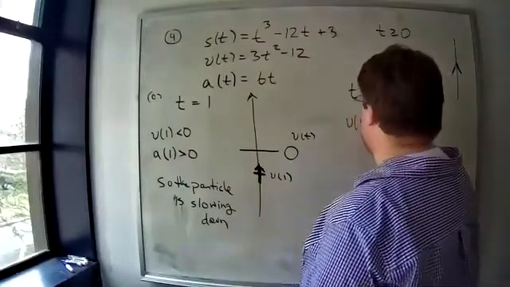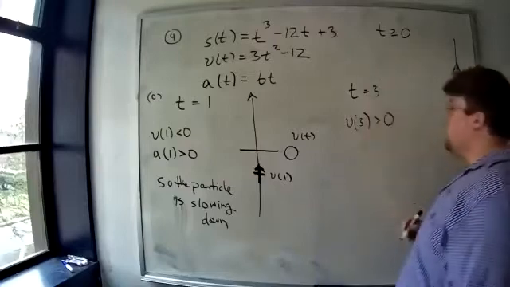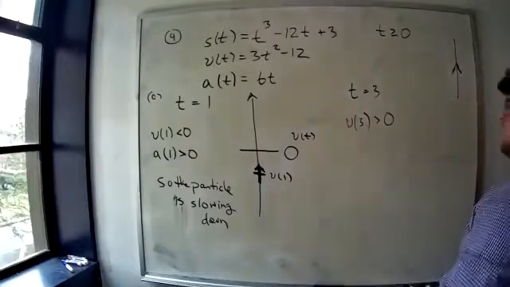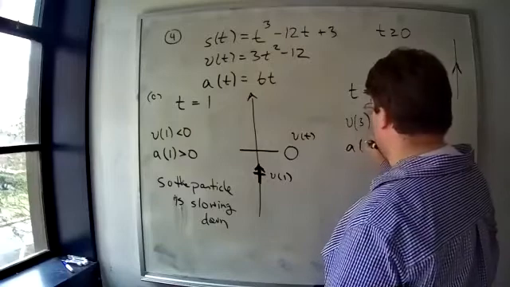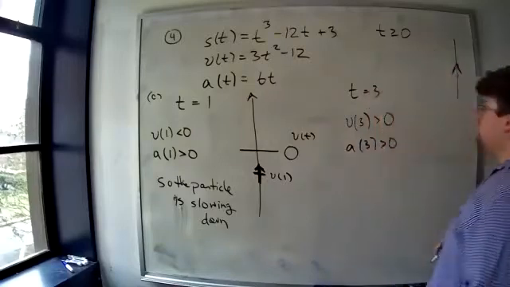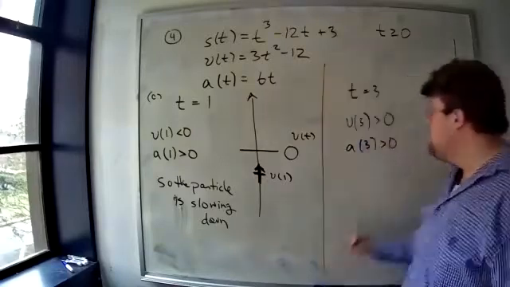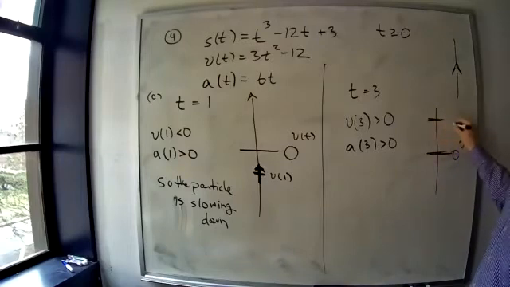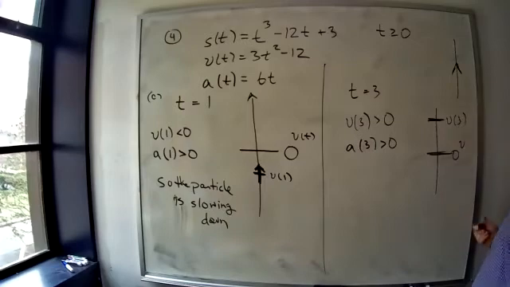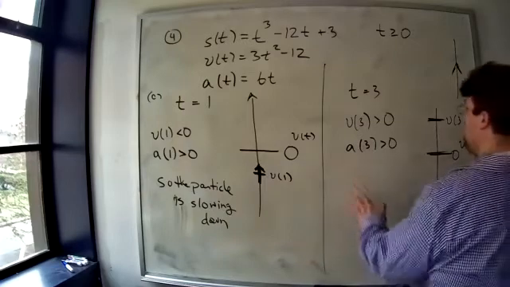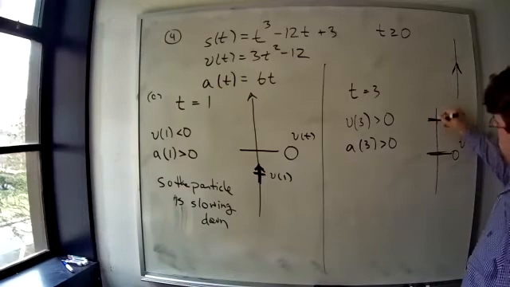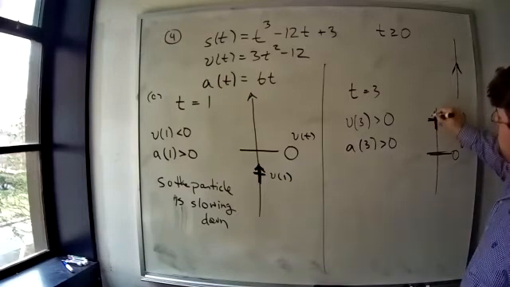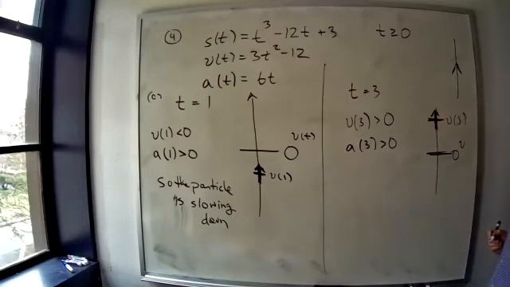At time 3, well, we have the opposite case. At time 3, velocity is positive, acceleration is also positive. So at time 3, we mark where velocity is 0. Velocity is positive, but acceleration is pushing in the positive direction.